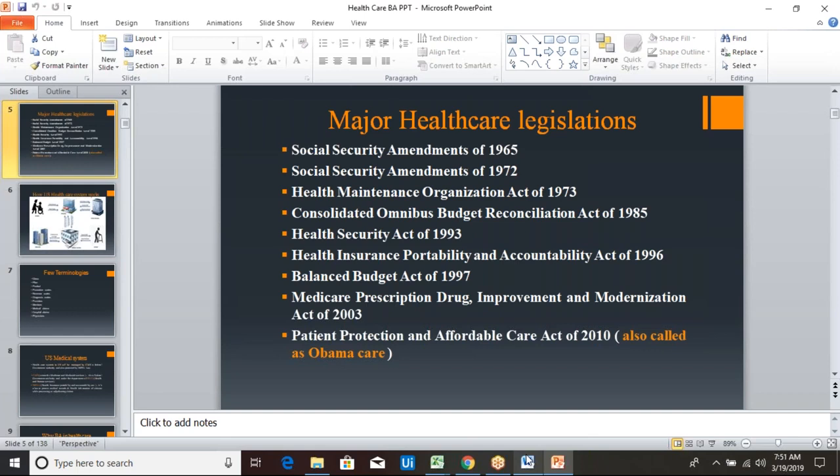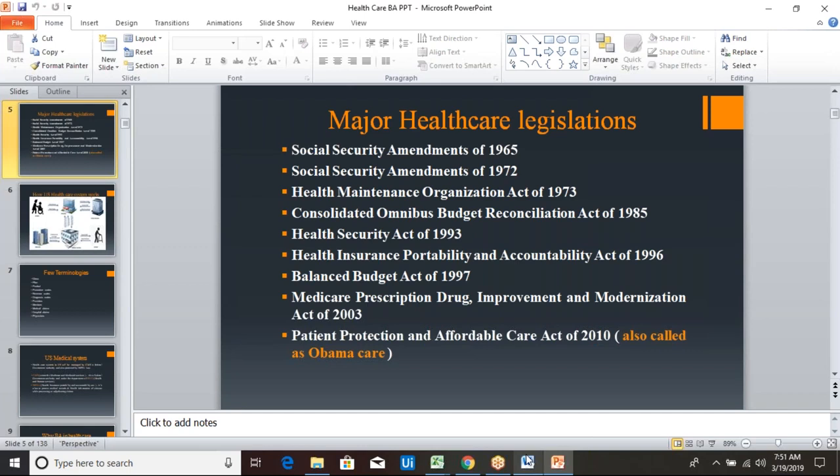Whoever has been affected by some disease, especially these children who were applying for insurance, insurance companies should not reject their policy because of this reason. This is the amendment that happened.